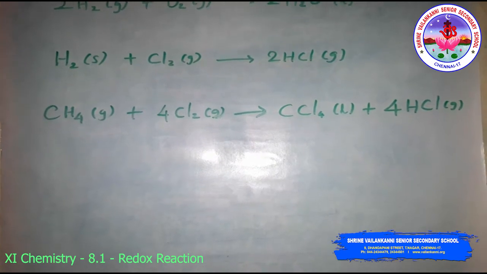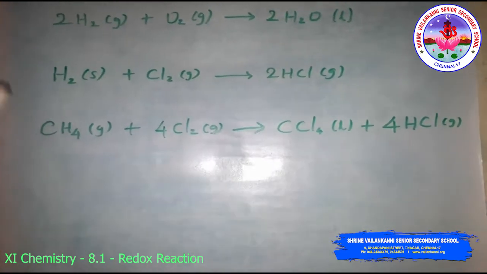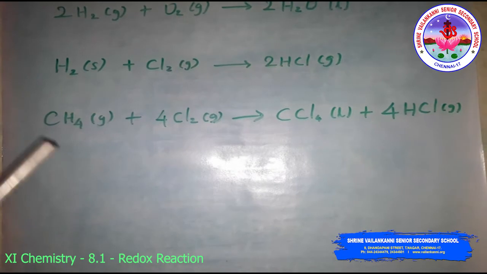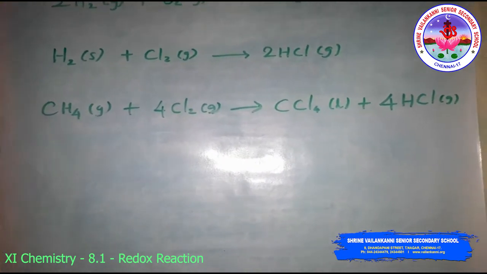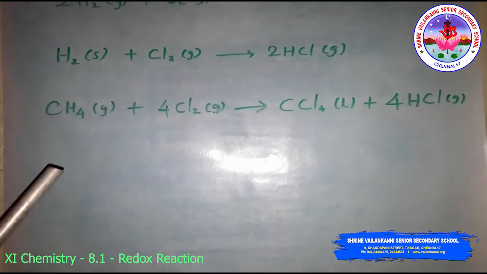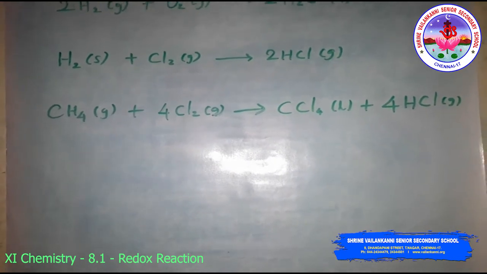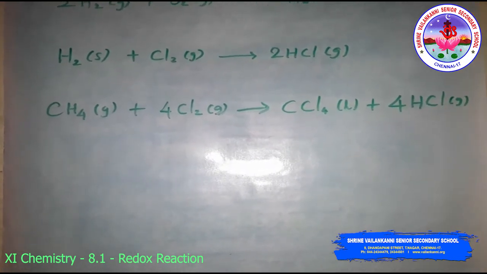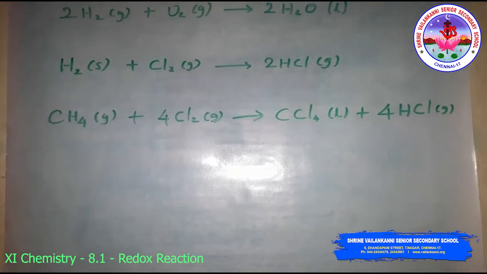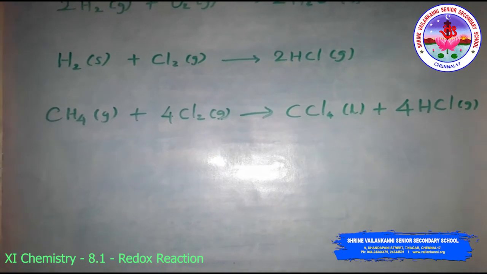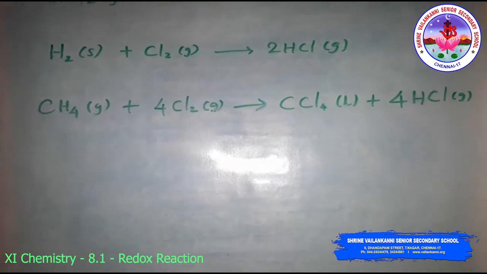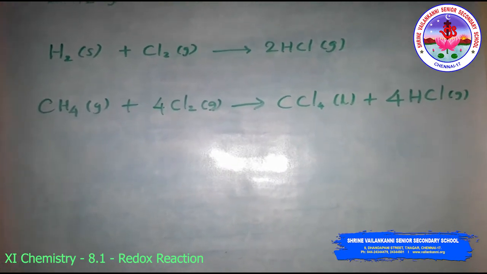In order to keep track of the electron shift in chemical reactions involving formation of covalent compounds, a more practical method using oxidation number has been developed. In this method, it is always assumed that there is a complete transfer of electrons from a less electronegative atom to a more electronegative atom.